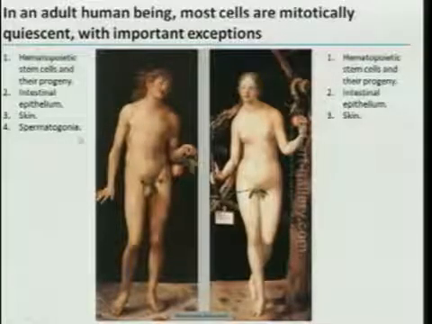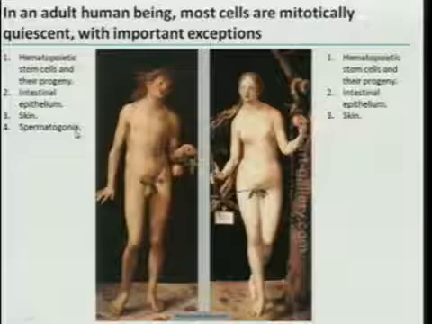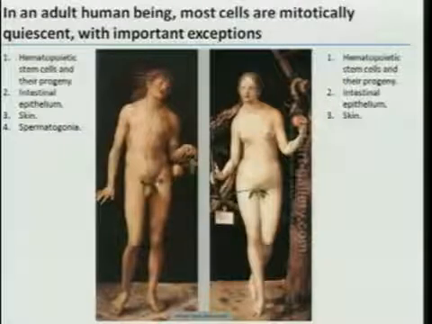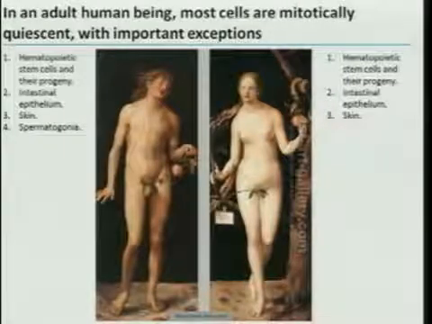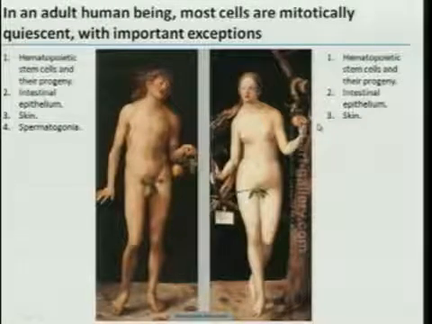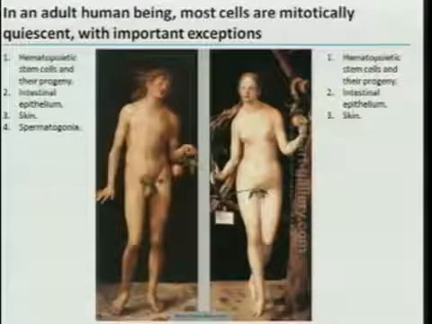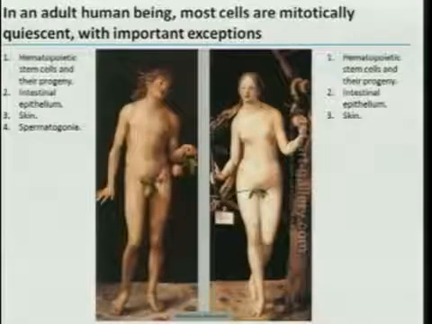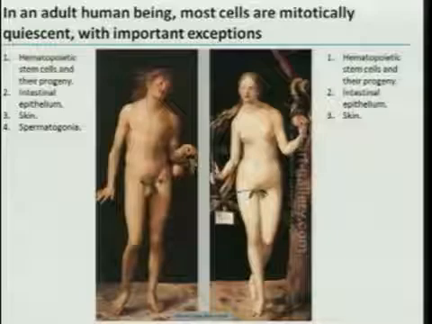Now, in the gentlemen, but not in the ladies, a specialized cell type called the spermatogonia undergo mitosis at some time in your lives, and of course their progeny undergo meiosis. That doesn't happen in the ladies because, as most of you know, gametogenesis in mammalian females is over immediately after the onset of puberty.